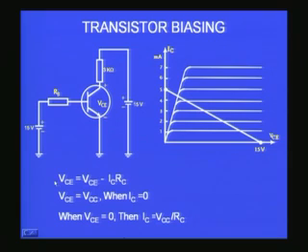So, now you can see there are two things that I can vary. For example, IC can change, VCE can change, and therefore this becomes an equation which corresponds to a straight line, and this straight line equation is called the load line, because that RC is the load which is connected in series with the transistor.